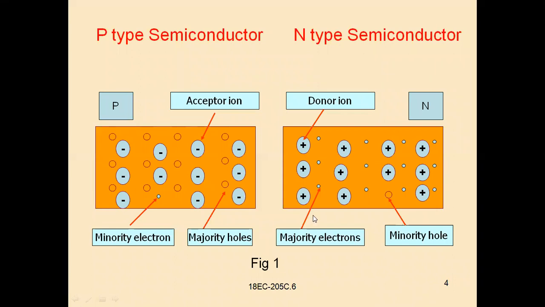We observe here in the n-type semiconductor, electrons are more in number. Assume these are electrons. Here we have more in number. So the majority charge carriers are electrons here, and the holes are less in number. So in n-type semiconductor, majority charge carriers are electrons and minority charge carriers are holes.